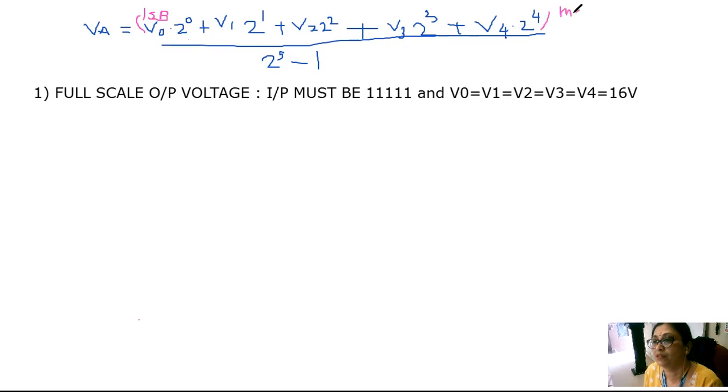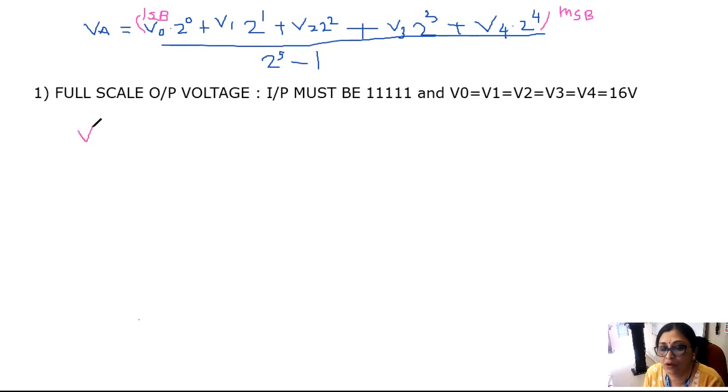Always keep this in mind. The V4 is your MSB and V0 is your LSB. So weightage related to LSB is smaller and weightage related to MSB is largest. Okay. Now, how to find the full scale output voltage?